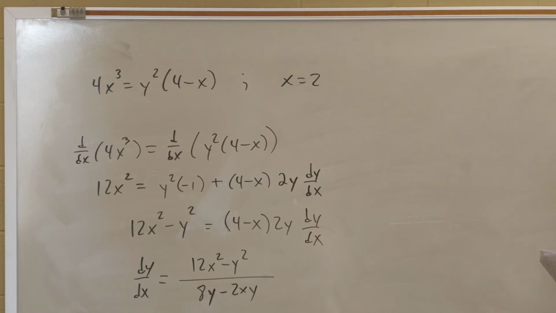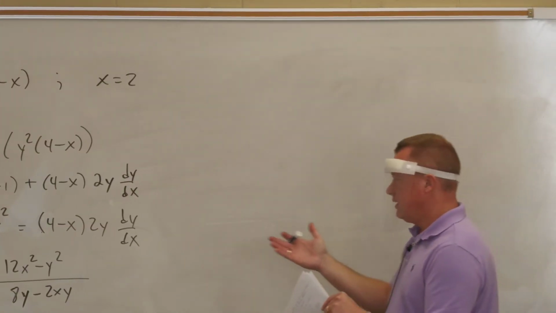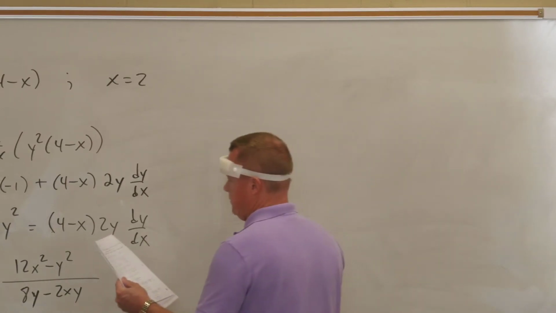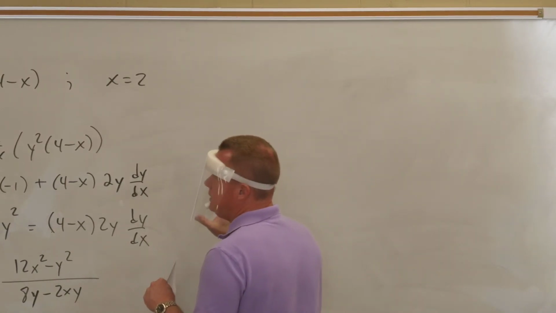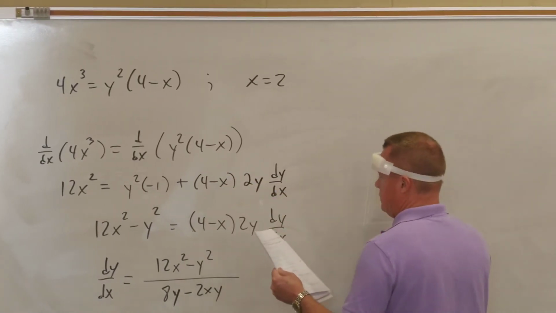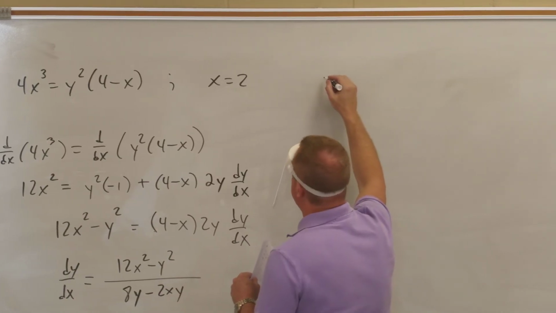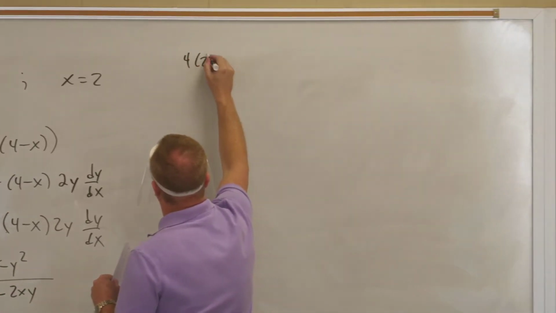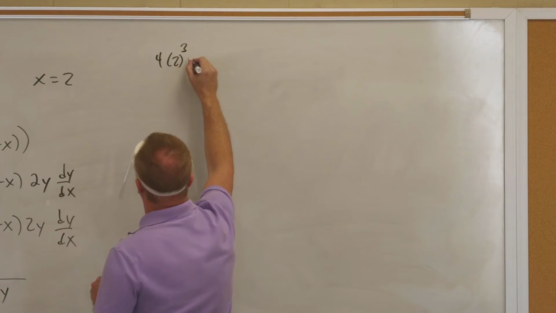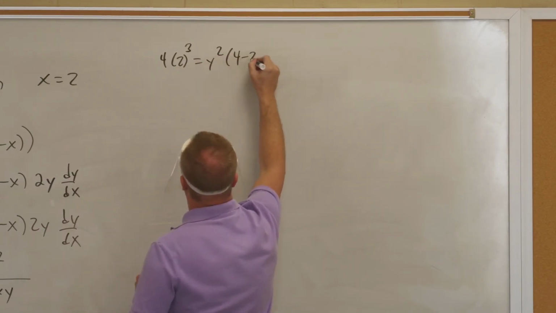Now the question says equations of tangent lines at the curve when x is 2. So my answer is going to be the tangent lines, but I've got to have the derivative to find the tangent line. Next I need to know what those points are. Looks like it's (2, 4) and (2, -4), but if you plug it in here, I would have 4 times 2 cubed y squared times 4 minus 2.